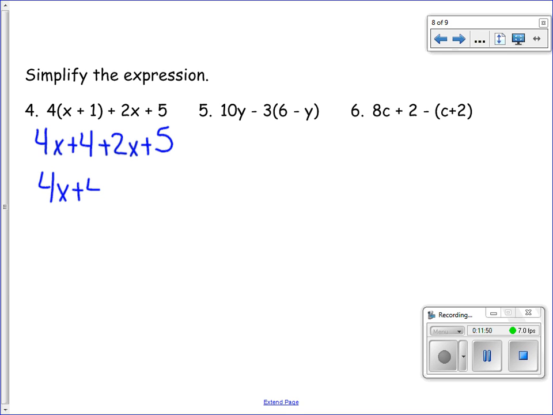Using the commutative property, after you've tried to work out as far as you can for number 4, check your answer. I'll do each one and then we'll go back and review.